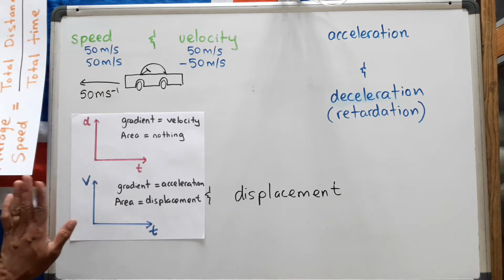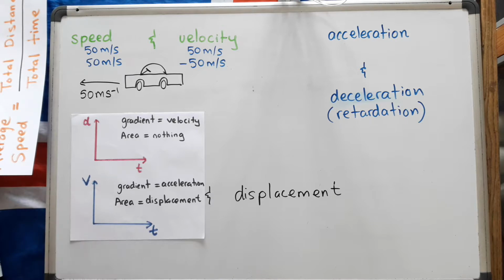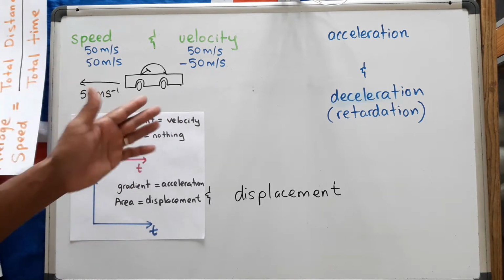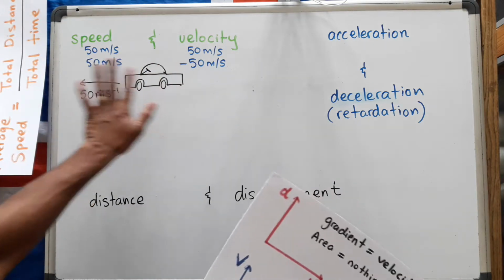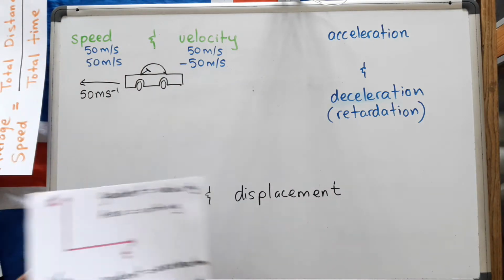For the time being, sometimes even I might make a mistake and say speed time graph, and sometimes I might call it a velocity time graph. Just assume it's the same thing for the time being, because it really won't affect our answer in most cases. But I'm still pointing out the slight difference between the two just in case.